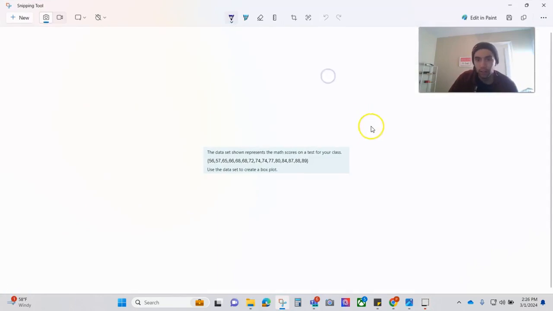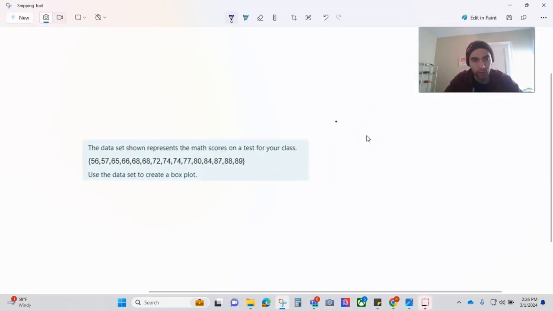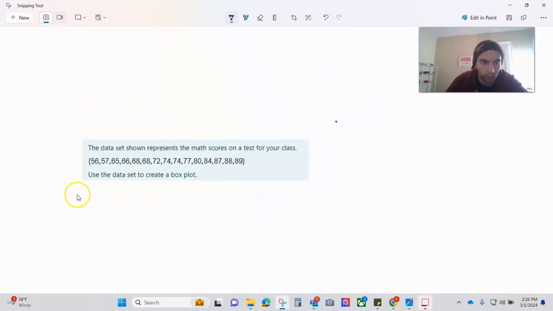But to do that, we need that 5 number summary. So I need the minimum. I need my quartile 1. I need my median. I need my quartile 3, which is the middle of the top half, and I need my max.